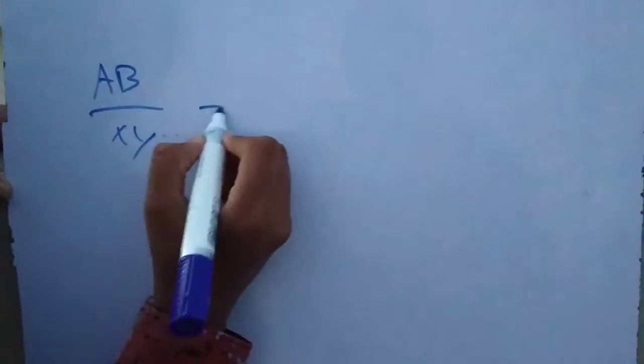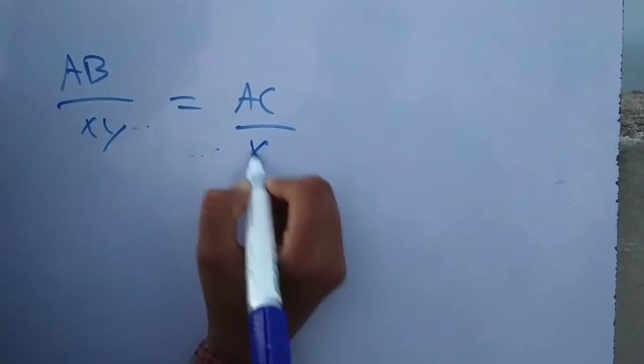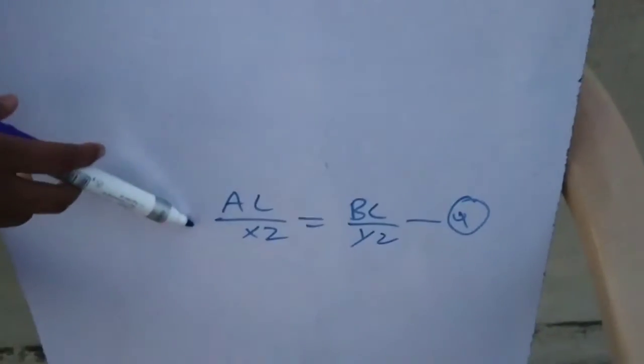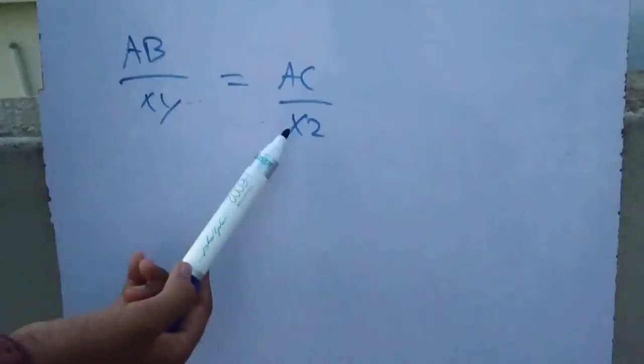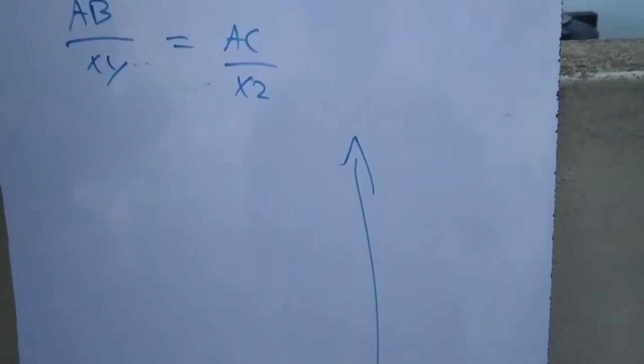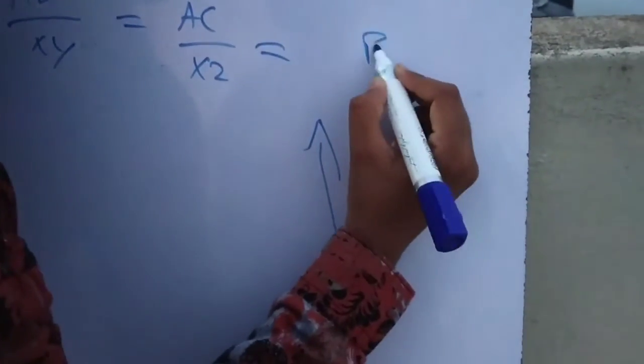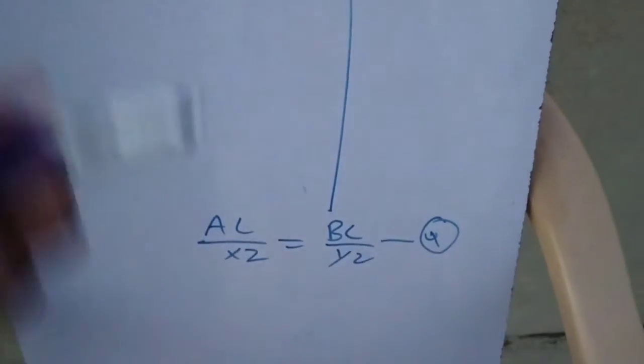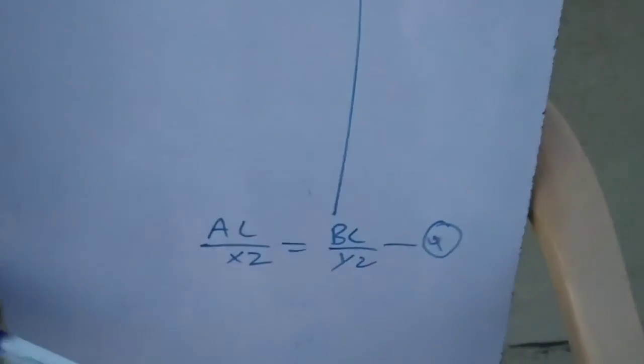So what is 1? We got 1 as AB by XY is equal to AC by XZ, right? So here also AC by XZ is there, and here also AC by XZ is there. Because the LHS and RHS are equal, we are going to bring this BC by YZ here.